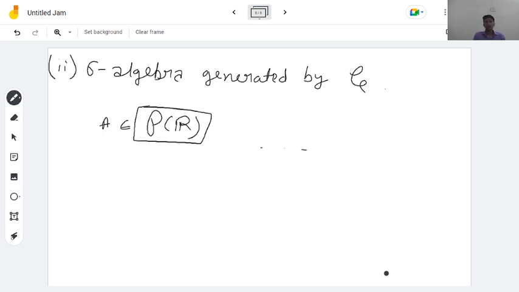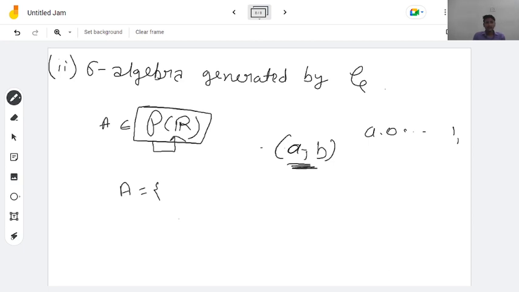We are allowed to take arbitrary unions, but that is uncountable. If we take any interval a to b, there are uncountably infinitely many elements there, so we can't write it in the form of a union of singletons.